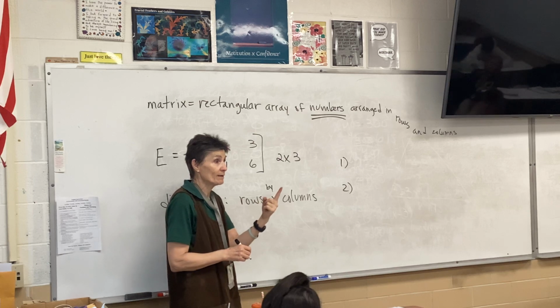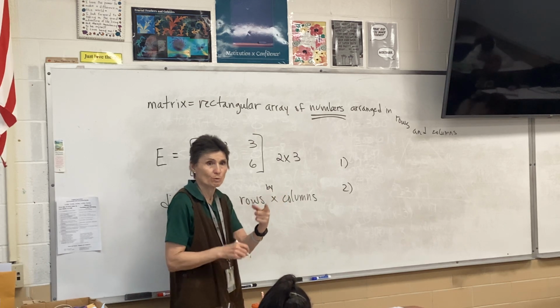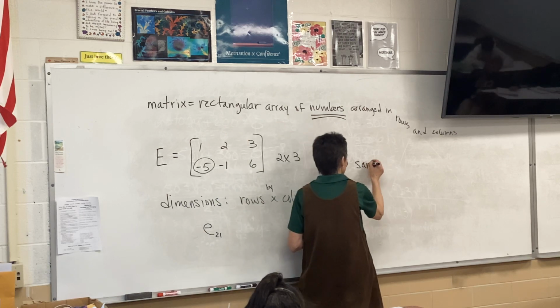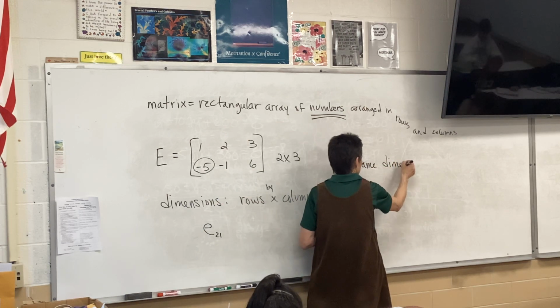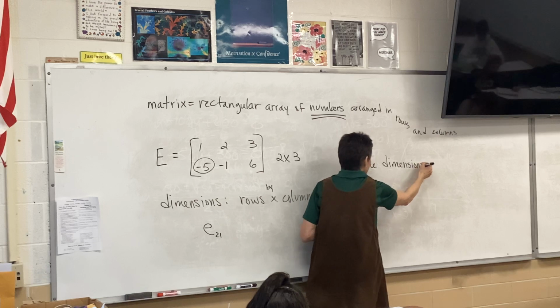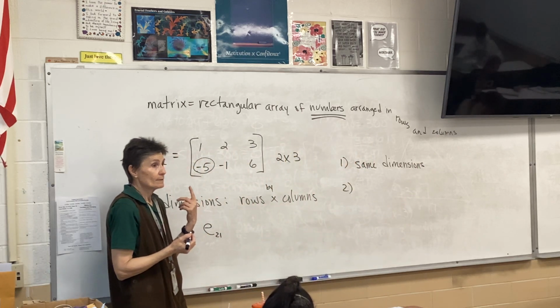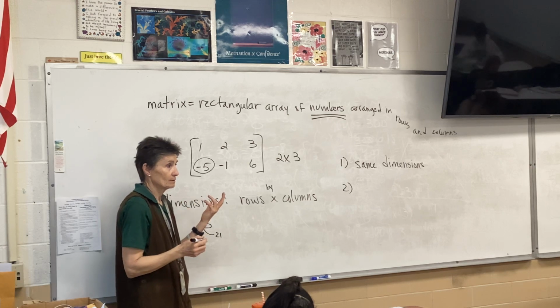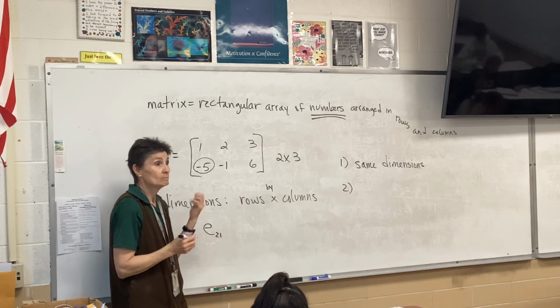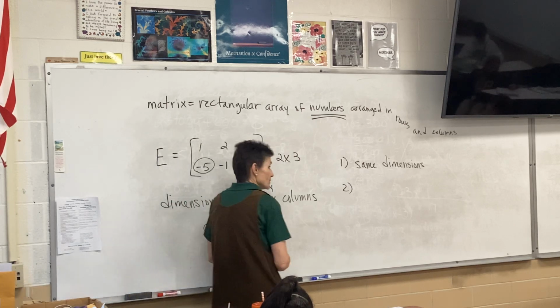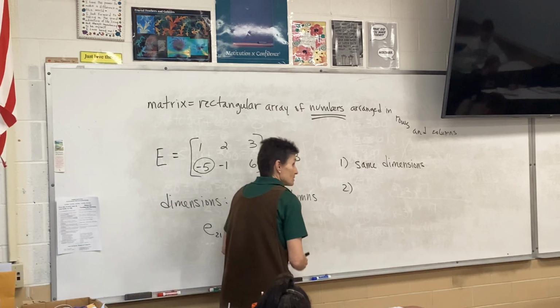They can't be equal if one's 2 by 2 and one's 3 by 8. Those can't be equal. So they have to have the same dimensions. They don't have to be square, they just have to match. Okay? And then what else would make them equal? So same numbers, same entries.